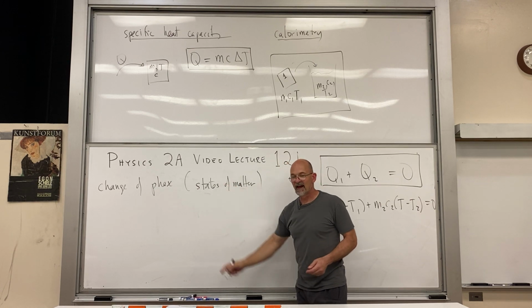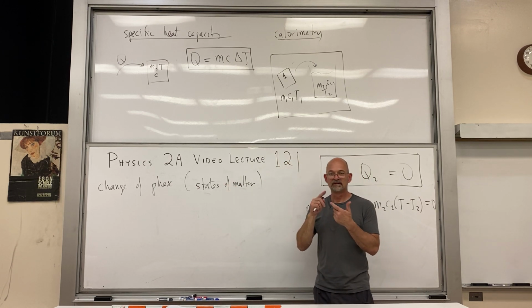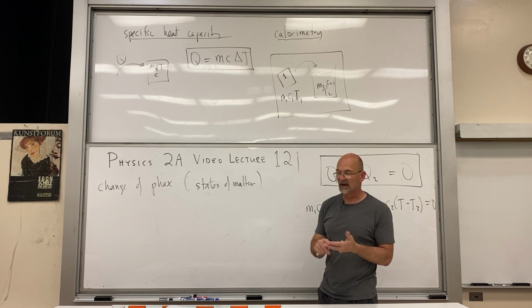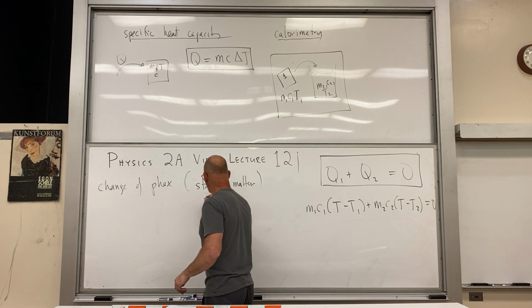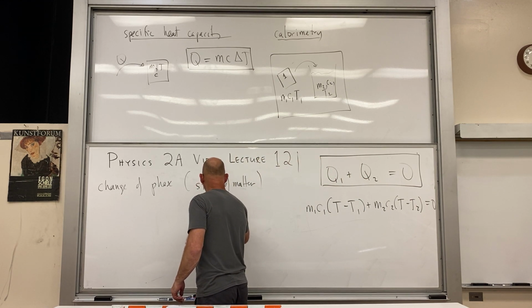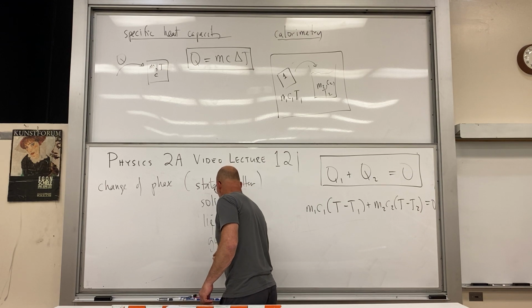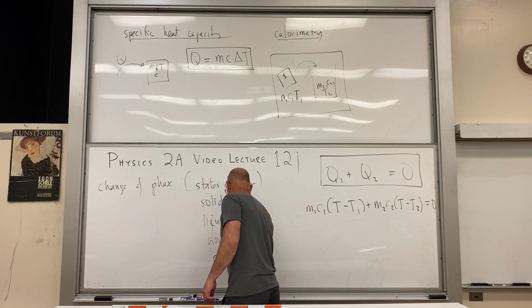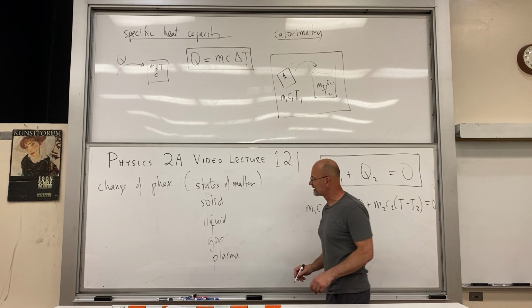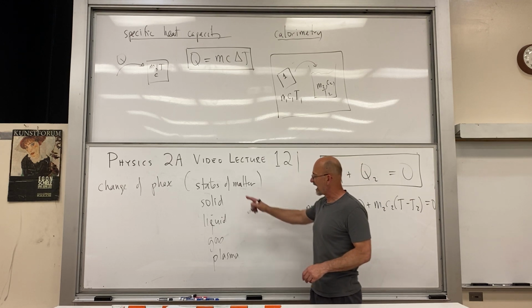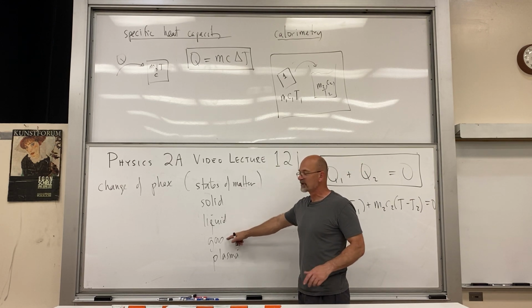So what are the states of matter? Solid, liquid, gas, plasma. We're going to be primarily concerned with solid, liquid, gas, because we can think of water: ice, water in liquid form, and the vapor form.